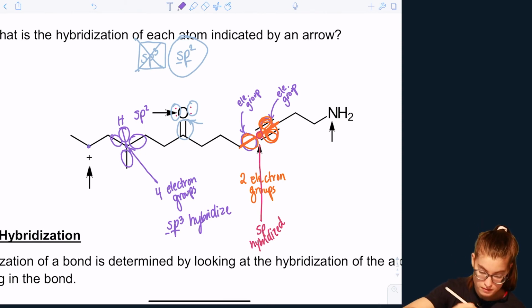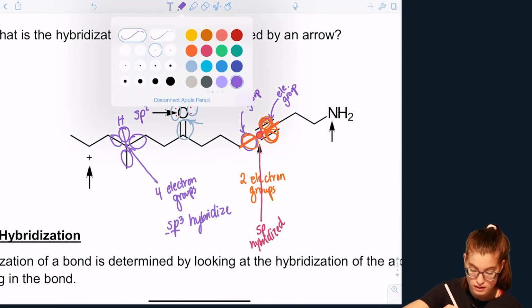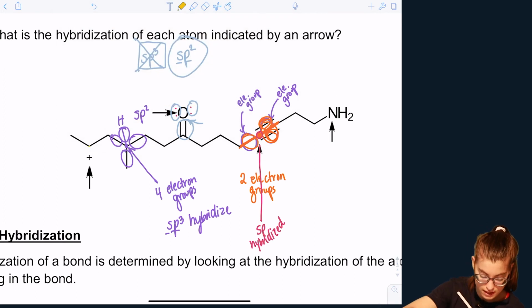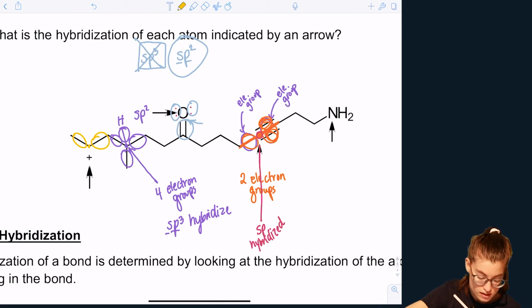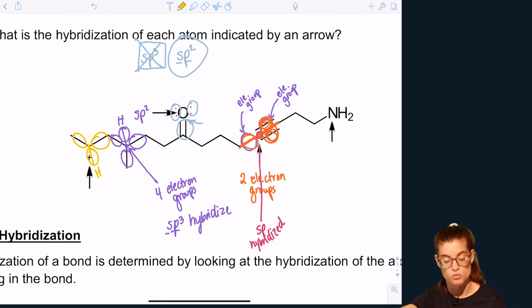Let's do this carbon, this carbocation, let's do it in yellow. Okay, so how many electron groups does that carbocation have? Well, it's got a single bond, so that's 1, another single bond, so that's 2. But we know because it's a carbocation, it has to have 3 bonds. So there is an invisible hydrogen here, which means there's the 3rd electron group in that 3rd single bond.